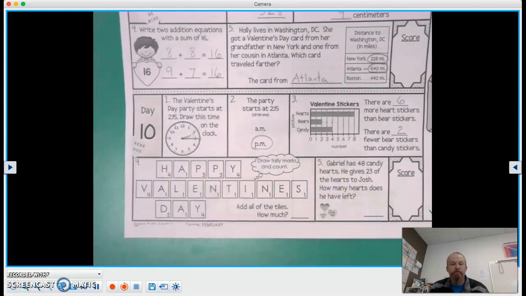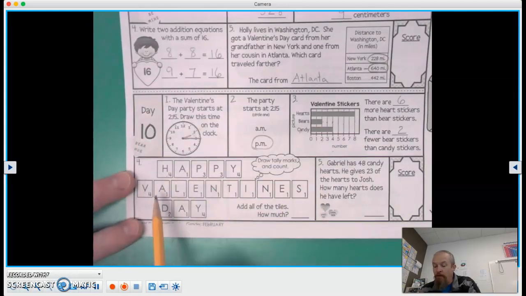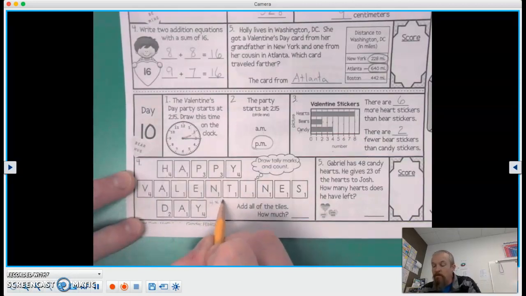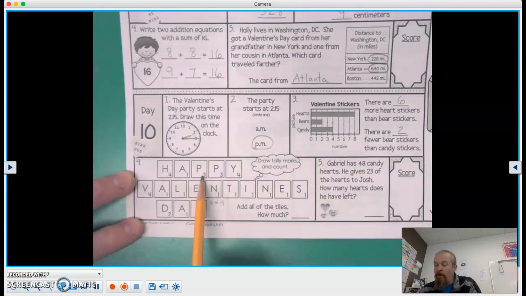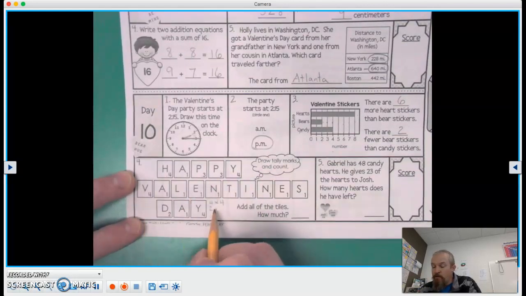All right. Number 4, add all of the tiles. How much? Well, let's look. We have 1, 2, 3, 4 4s. And we have 1, 2 3s.